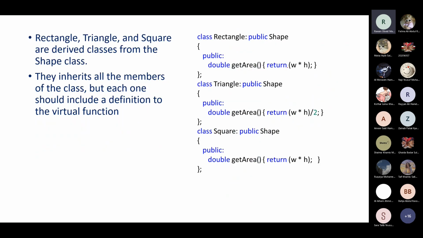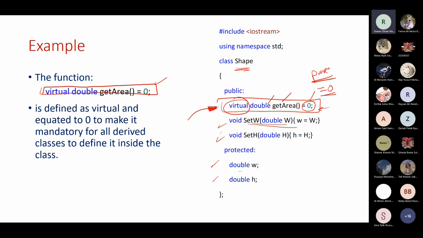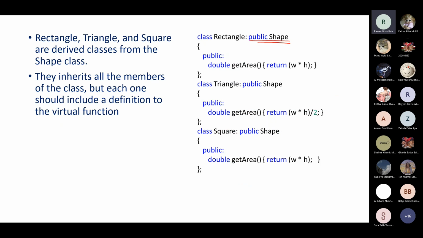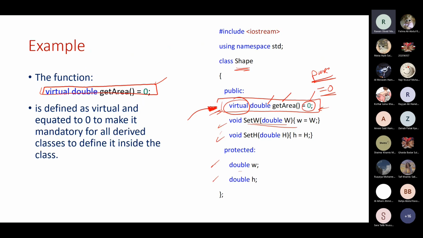Let's see here. A class rectangle, public shape. Without this virtual, you can use everything here. But since I defined it virtual and equal 0, then you should declare the same function here: double getArea, return W times H. That's the same name, the same type, but with different functionality.